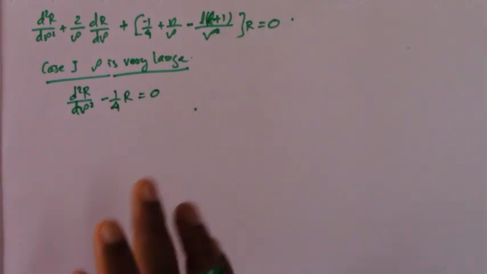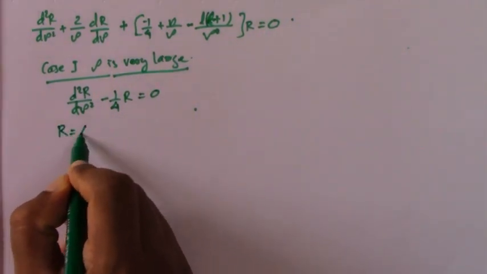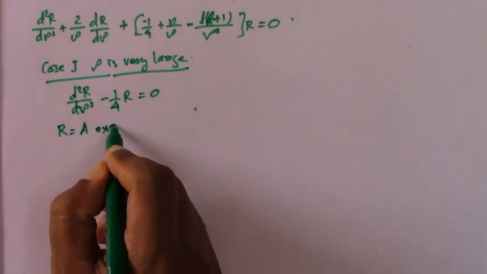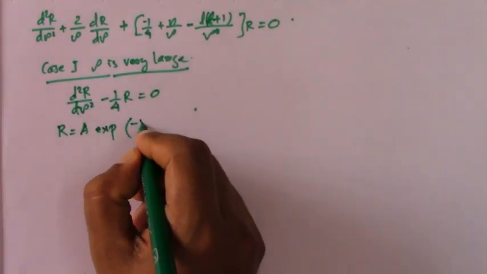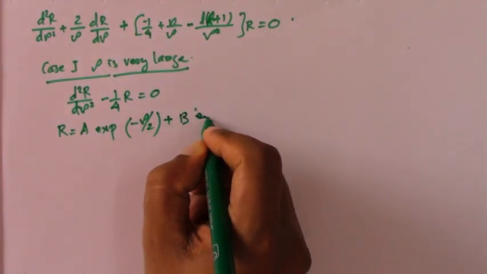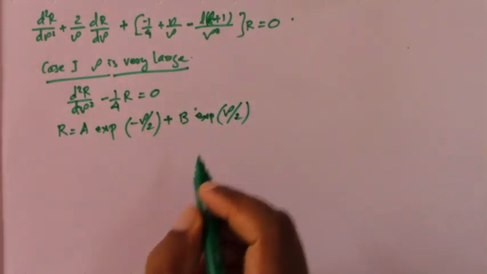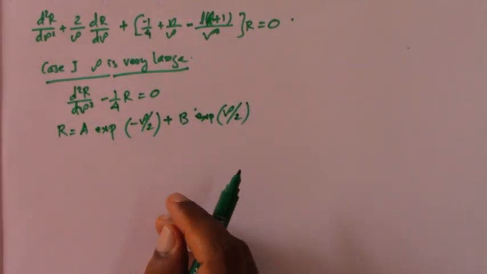The solution of this equation is very simple: R is equal to A exponential of minus rho by 2 plus B exponential of rho by 2. That is the solution of this equation.